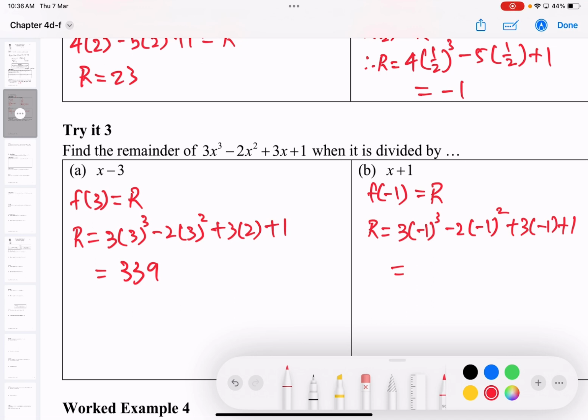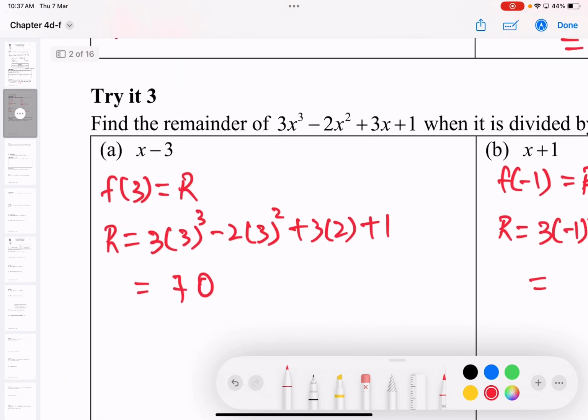Did I enter wrongly? Okay, wait, let me enter again. Isn't it 73? Wait, how did you get 339? Ah, yes, sorry. Your equation is wrong? My equation is wrong? It's plus 3 times 3. 3 to the power of 3 minus 2, 3 squared plus 3. Okay, plus 3, so 73. Thank you very much.